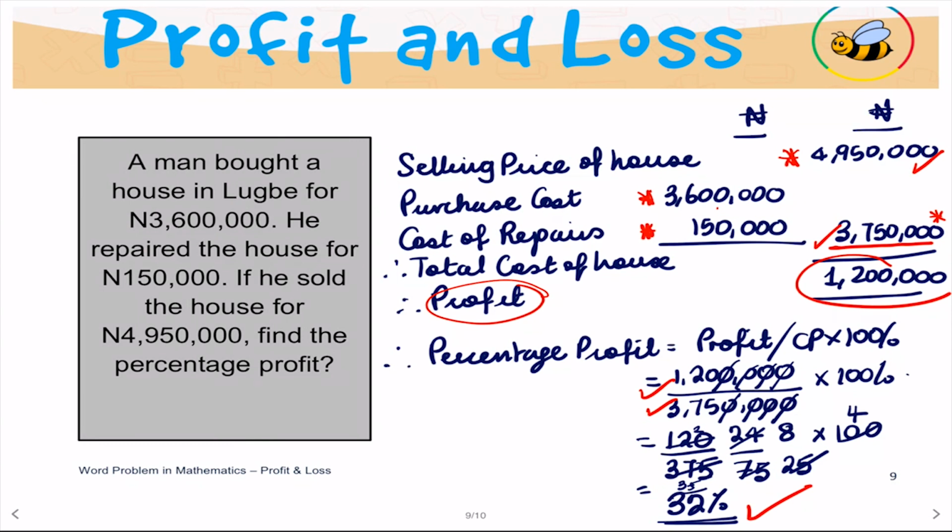Remember, the profit was calculated not just on the cost of buying the house of 3.6 million, but on the total cost, buying the house as well as repairing the house. We got the profit 1.2 million, we applied the formula and we arrived at 32%.